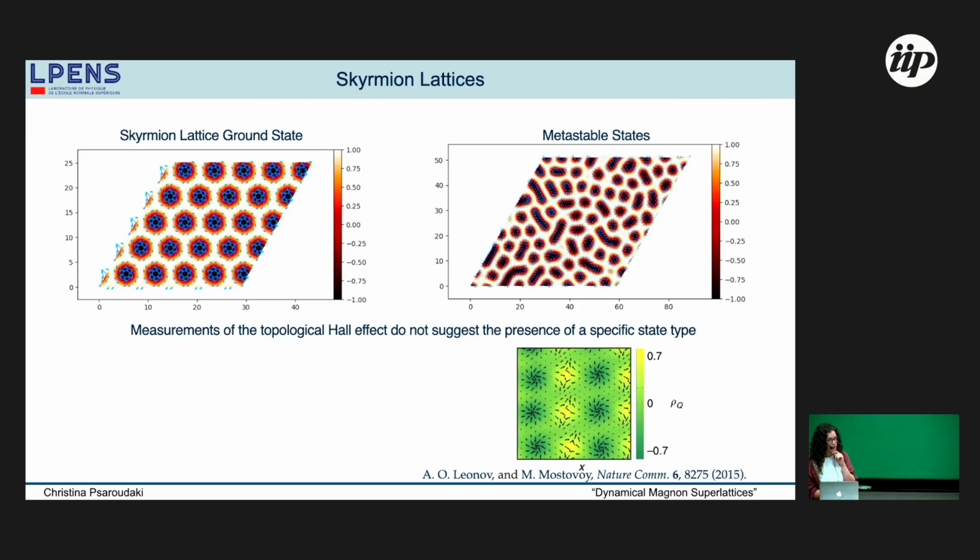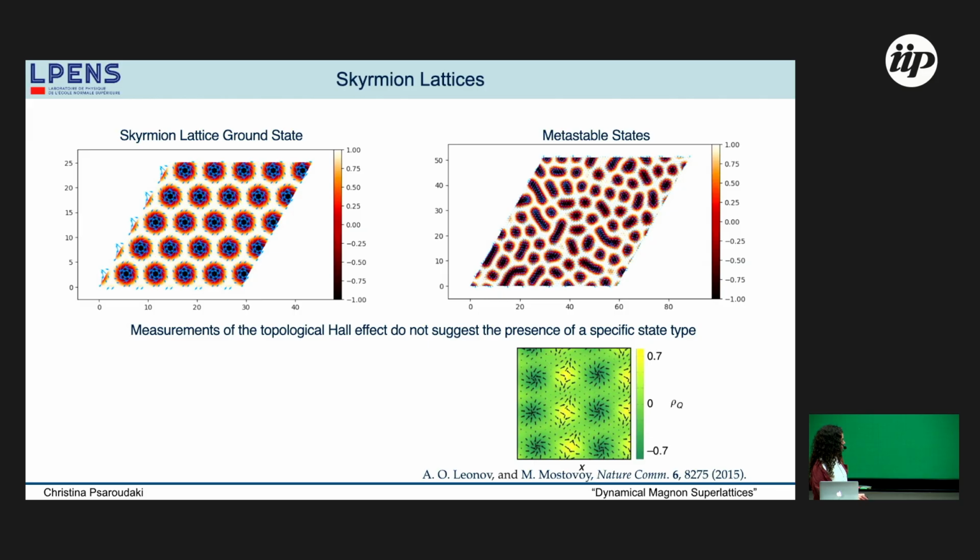So far, I concentrated on magnons around isolated skyrmions, but the ground state, if we change the magnetic field and the anisotropy, could be a skyrmion lattice, like the one you can see here. I didn't mention that the model also supports skyrmions and anti-skyrmions at the same energy. So we could have a very large number of metastable states with skyrmions at some points and anti-skyrmions at other points.